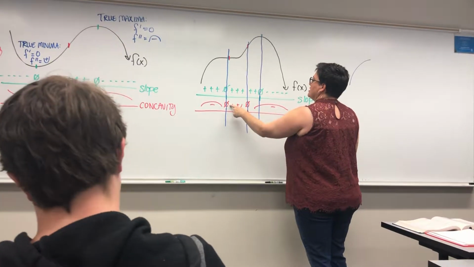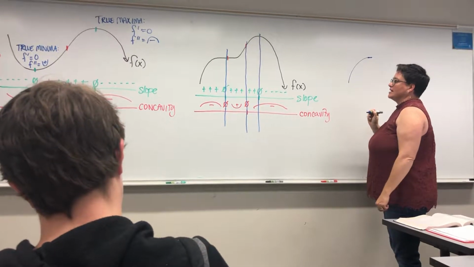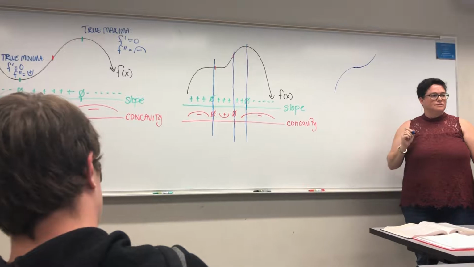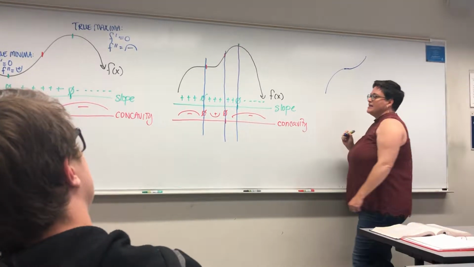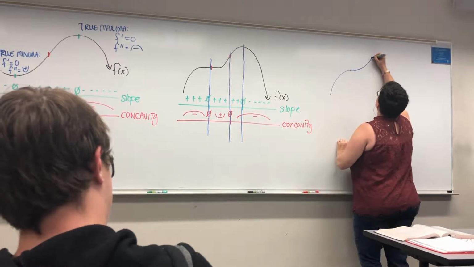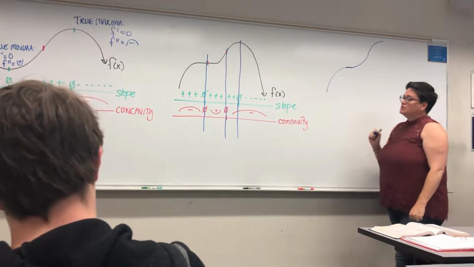Oh, and there was a change in concavity and slope. So slope flattened out for a second. And then we have positive slope, positive concavity. So far, so good. In the next region, I have positive slope, negative concavity. Chunk, chunk, chunk.